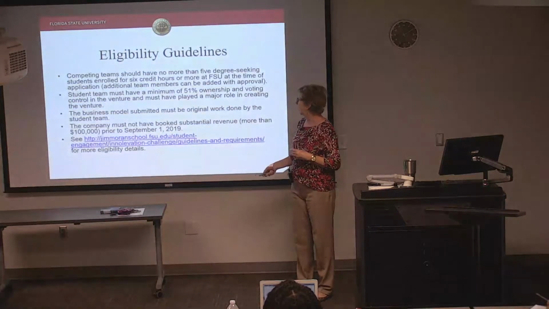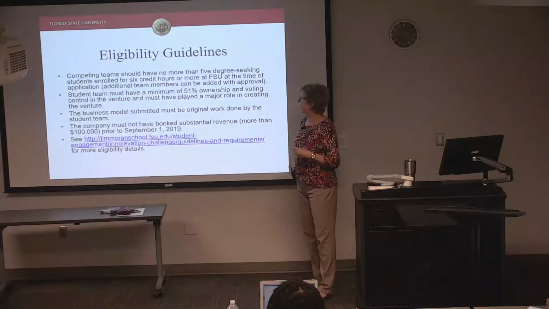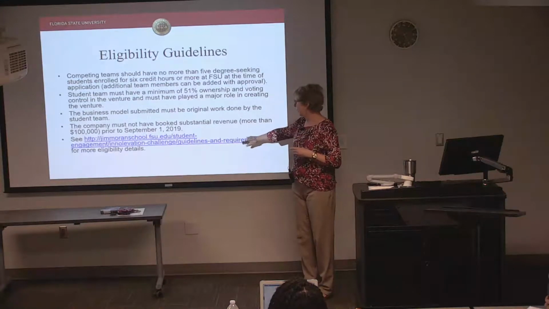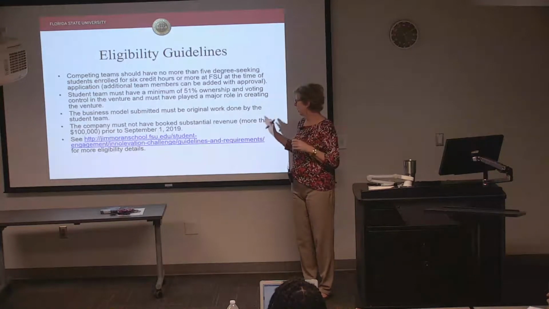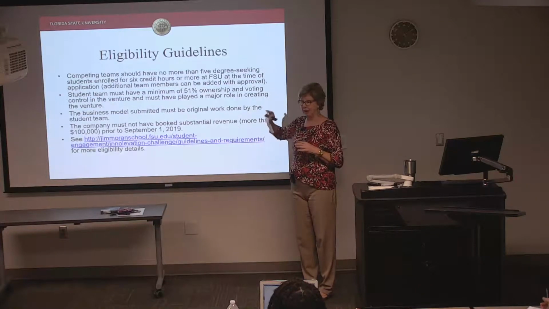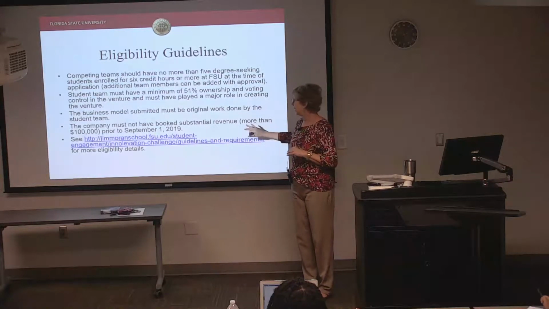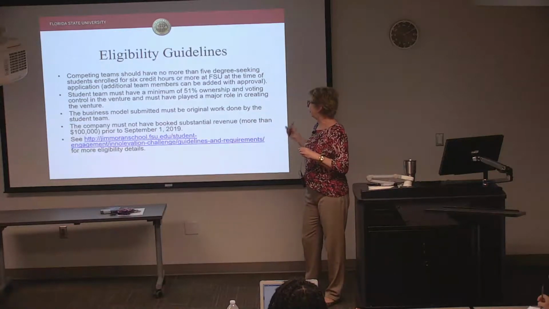So the eligibility guidelines are also on the website at that very, very long URL, but it's basically, if you go to the Jim Moran School student engagement page, there's an innovation challenge tab, and all this stuff that I'm telling you about is on the website. But you should have no more than 5 students on a team.